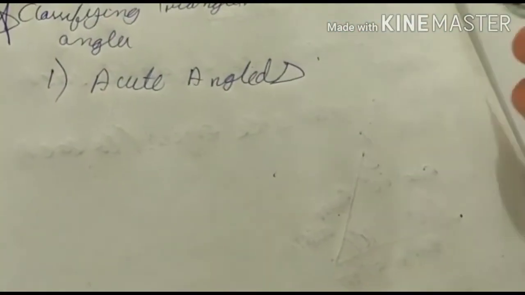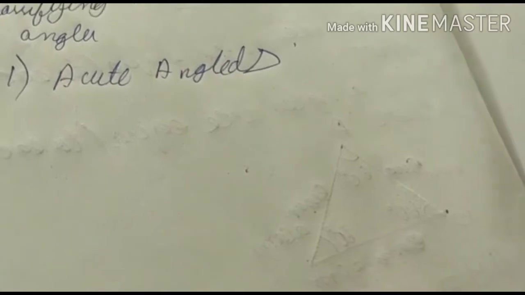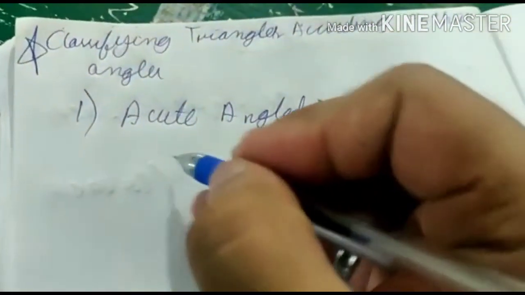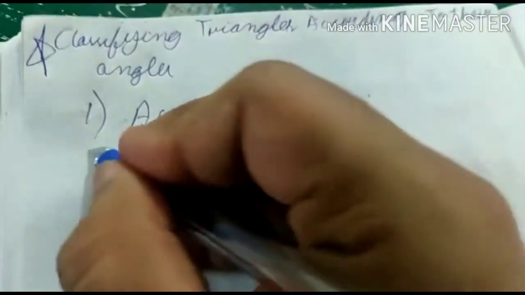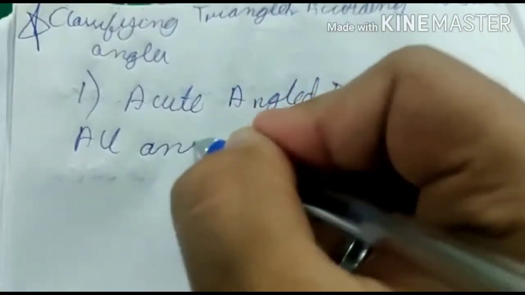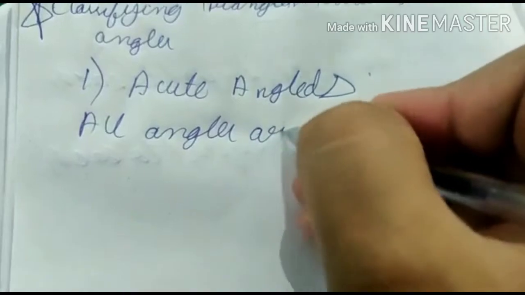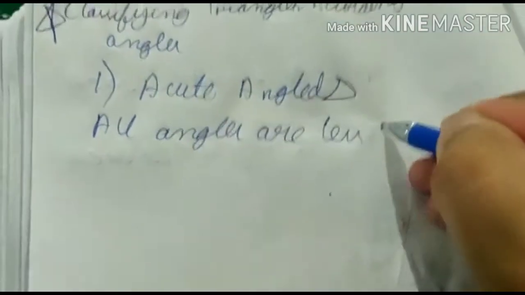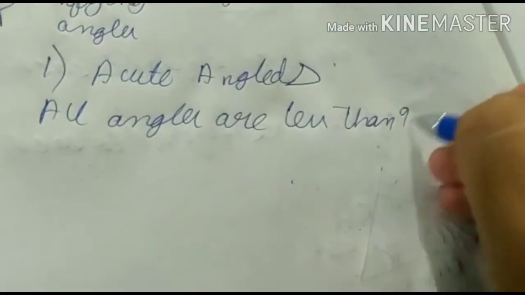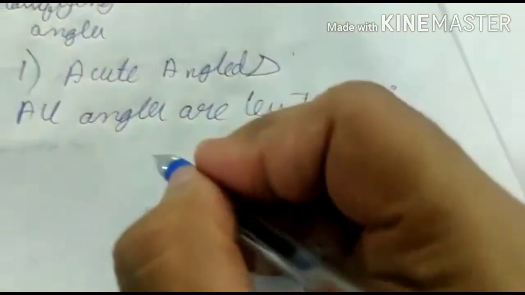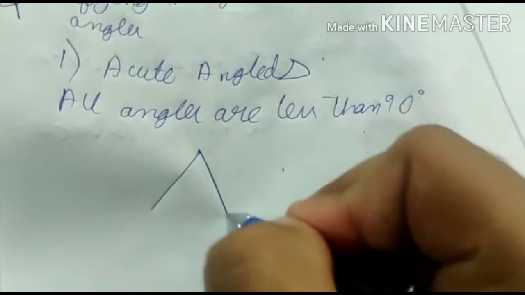Acute means an angle less than 90 degrees. Okay, angle less than 90 degrees. So in an acute angled triangle, all angles are less than 90 degrees. Okay, if all angles are less than 90 degrees, then it is an acute triangle.